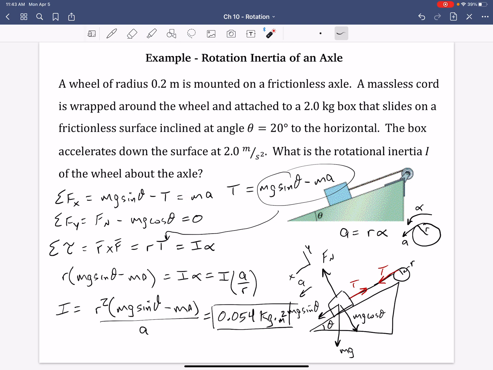A very similar thing happens for rotation and torques. If it's counterclockwise, that net torque is positive. If it's clockwise, you have to have a negative sign there. But that's how you do a second law for rotation, incorporating net forces and a net torque in the same problem.